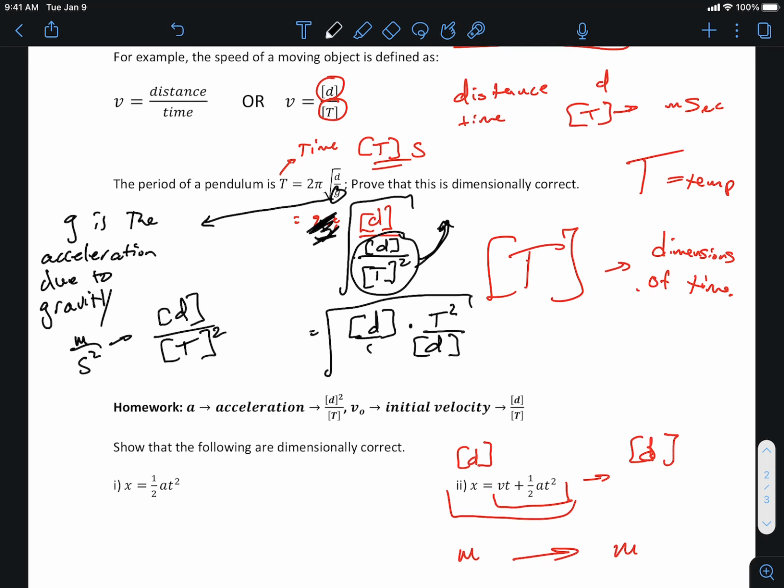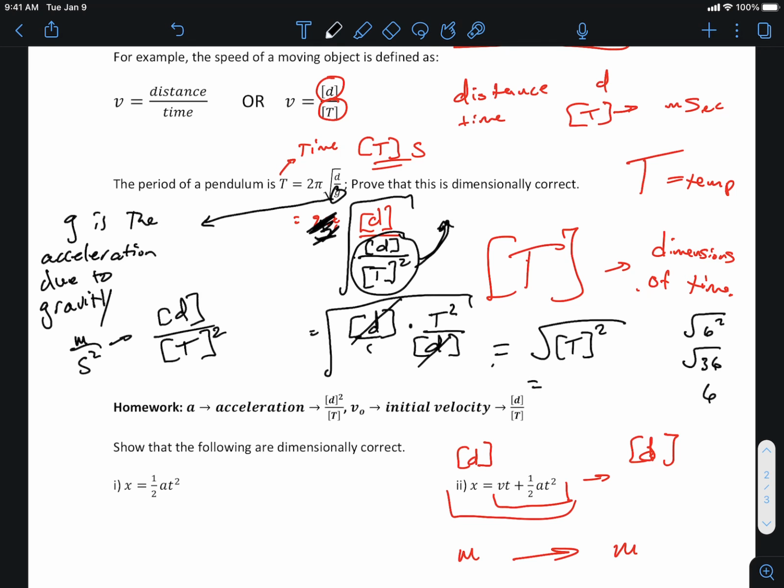Now you're multiplying fractions. Well, the d cancels with the d. And what are you left with? You're left with the square root of t squared. Well, if you square root something that's squared, like for instance, what is the square root of 6 squared? Well, the square root of 36 is 6.